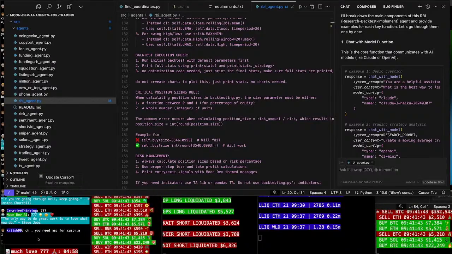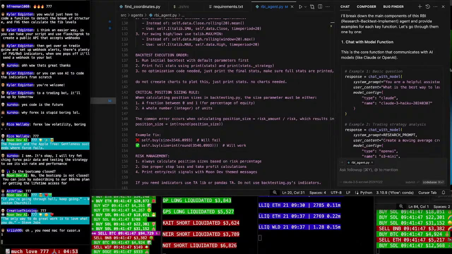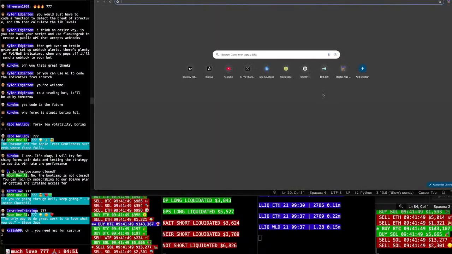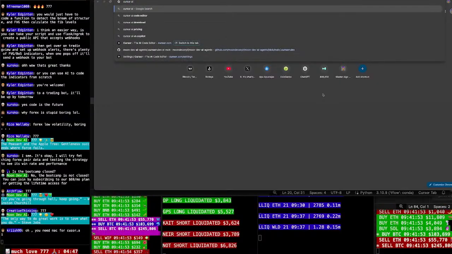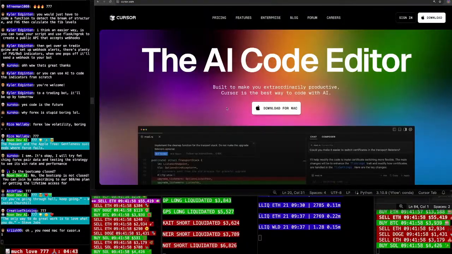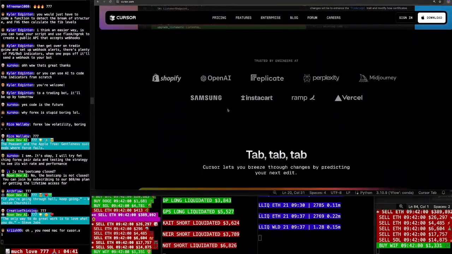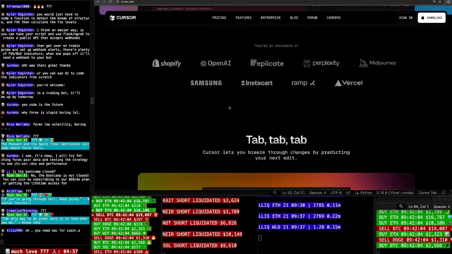You need a Mac for cursor.ai? Do you really? Are you sure about that? Is it really just for Mac? Is that facts, dude?